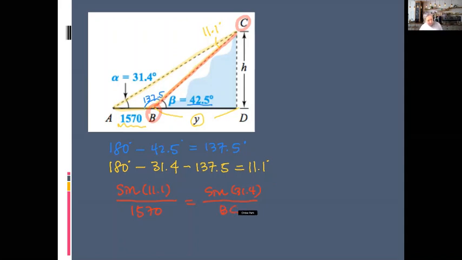Then you cross multiply and isolate this equation for BC. BC will be rewritten as 1570 times sine value of 31.4 divided by sine value of 11.1.